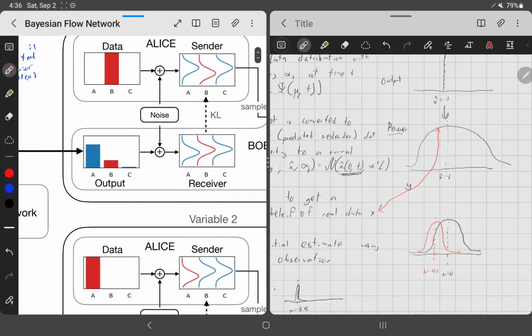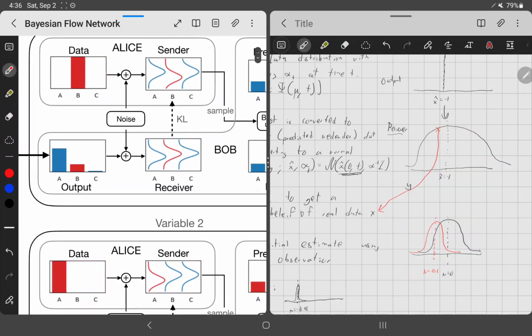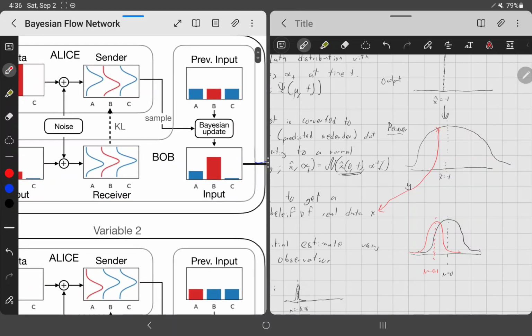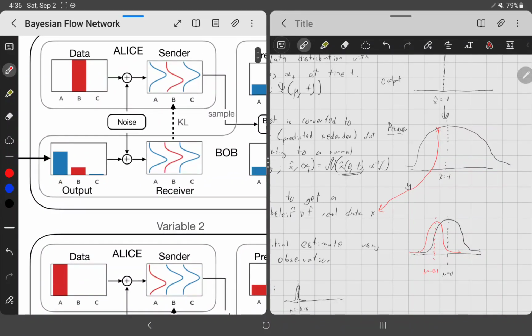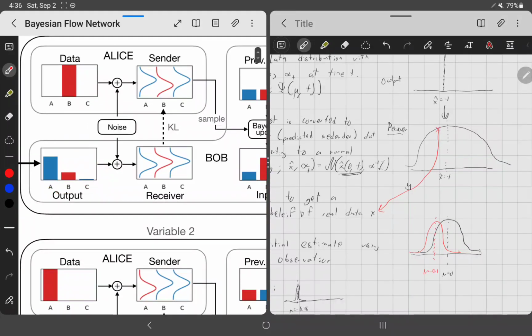And notice that this prediction kind of sucked, but it gives you a better idea of what the data is, because we started with no idea what it was, and maybe now we think it's A, but maybe also a little bit of B, but we know it's definitely not C. So this is the model's initial guess, and as you keep making more and more guesses and keep sampling the distribution, assuming it does well because the KL is similar, then you will converge on this data point here.